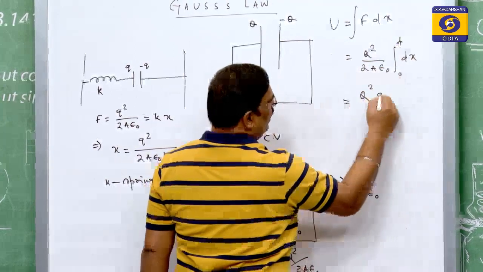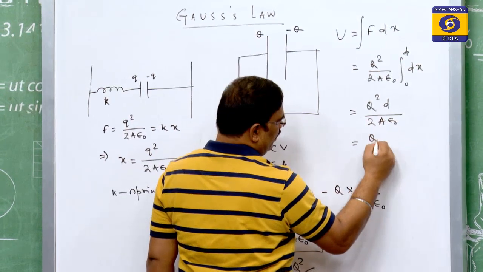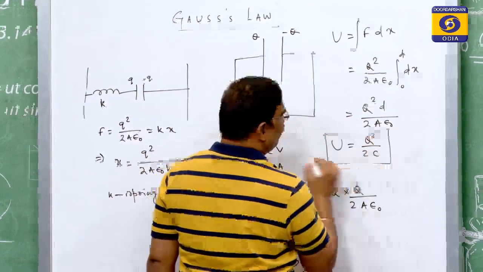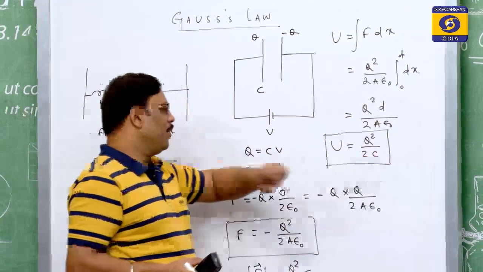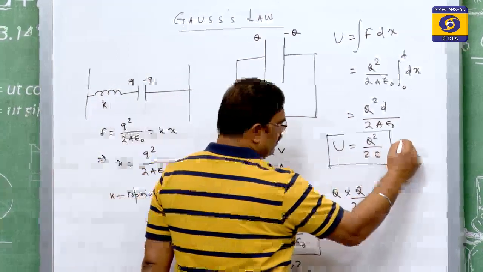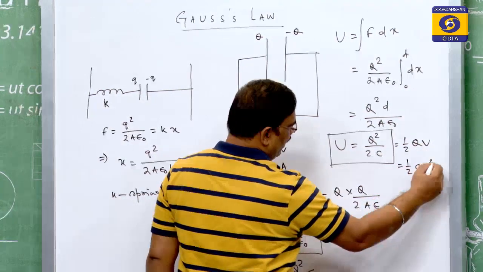So, it is Q square d divided by 2A epsilon 0, or this is Q square by 2C. So, the energy of a capacitor when charged to Q and capacity C is Q square by 2C. In other forms, it is half QV or half CV square.